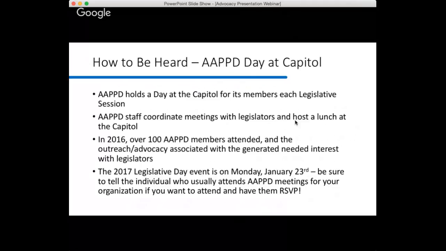At Legislative Day, we do get a little bit limited by space. We are coordinating a lot of meetings, and most legislators can only fit 4 to 5 people max in their offices. So that's something new this year.